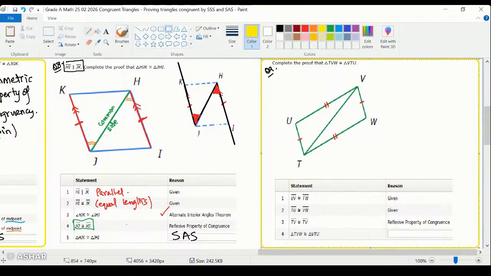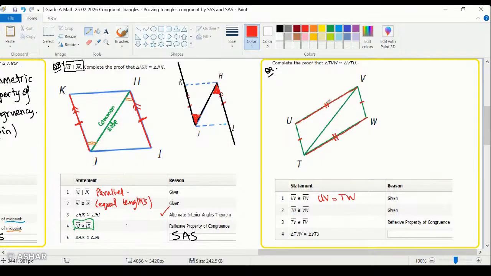Okay. So in question number 9, what they are saying is we have UV is equal to TW. Where is UV? The length of UV and TW is the same.